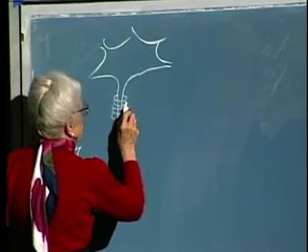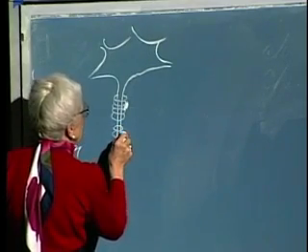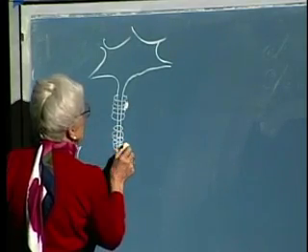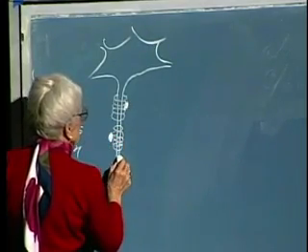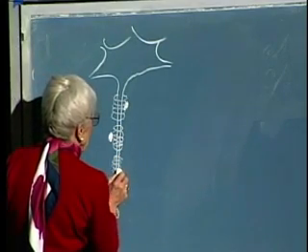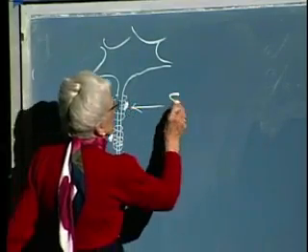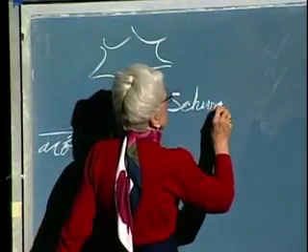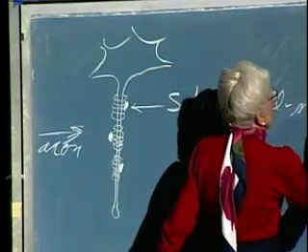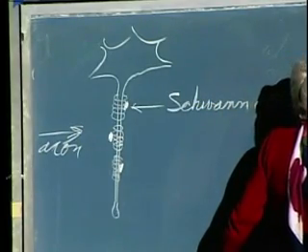So this will represent the nucleus of a Schwann cell. Here's another one. Just trying to show that the myelin is laid down in layers. Another nucleus. So these are examples of Schwann cells that have wrapped around and formed myelin, so many Schwann cells per axon.